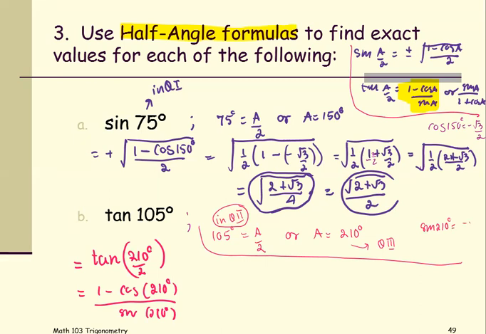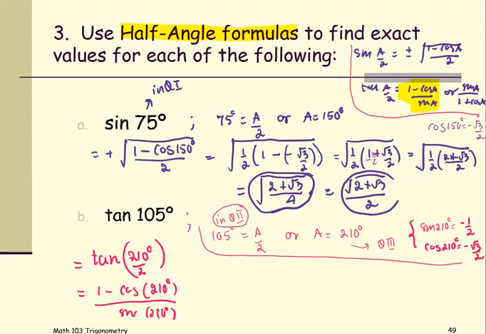The sine is negative 1 over 2, with the negative inside, and the cosine of 210 is also negative, negative square root 3 over 2.